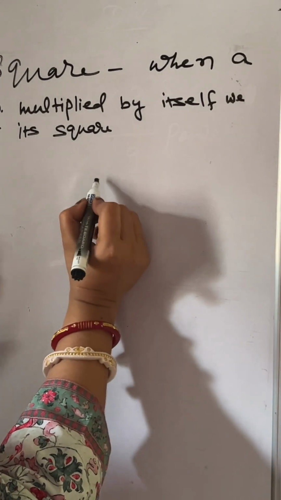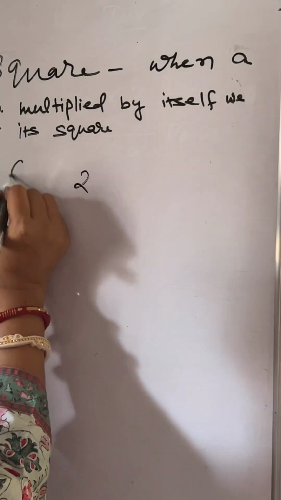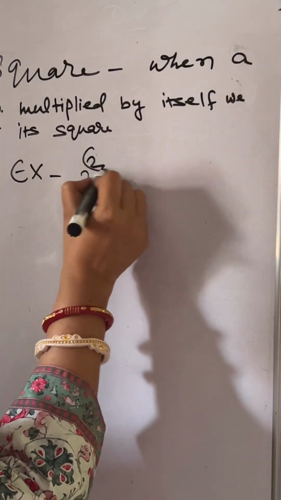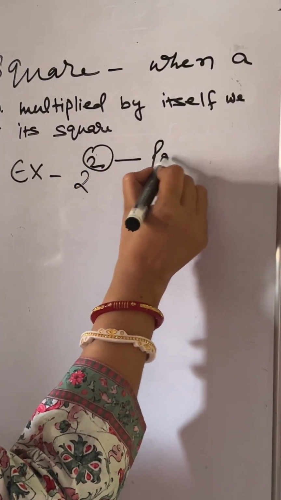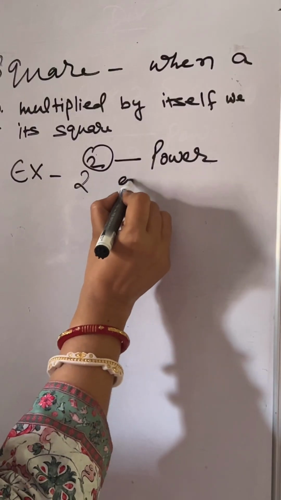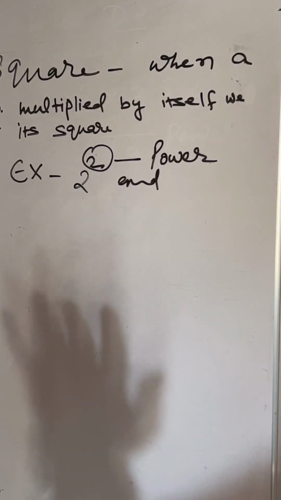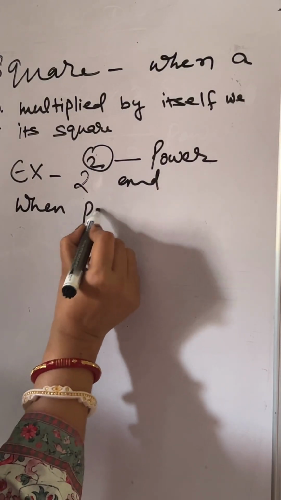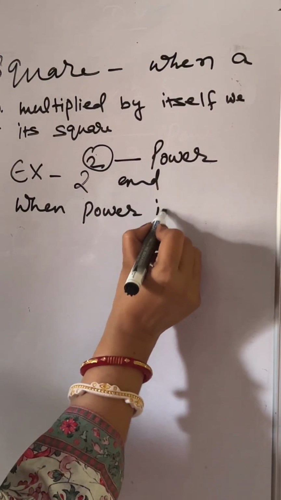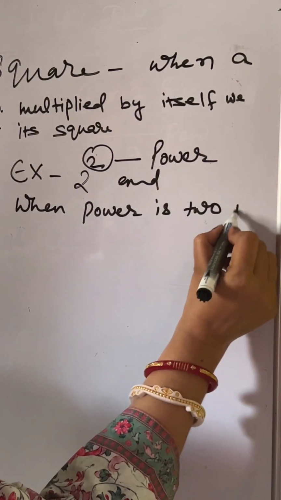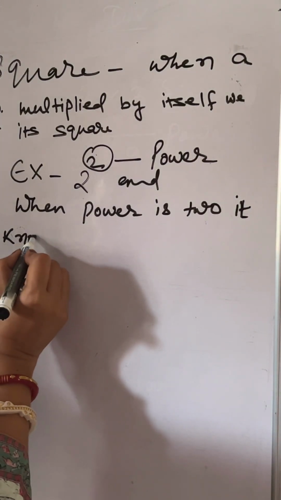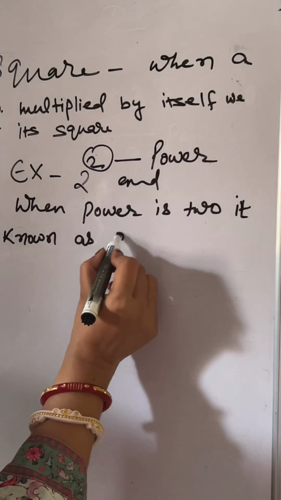For example, this is called power, and when power is 2, it is known as square.